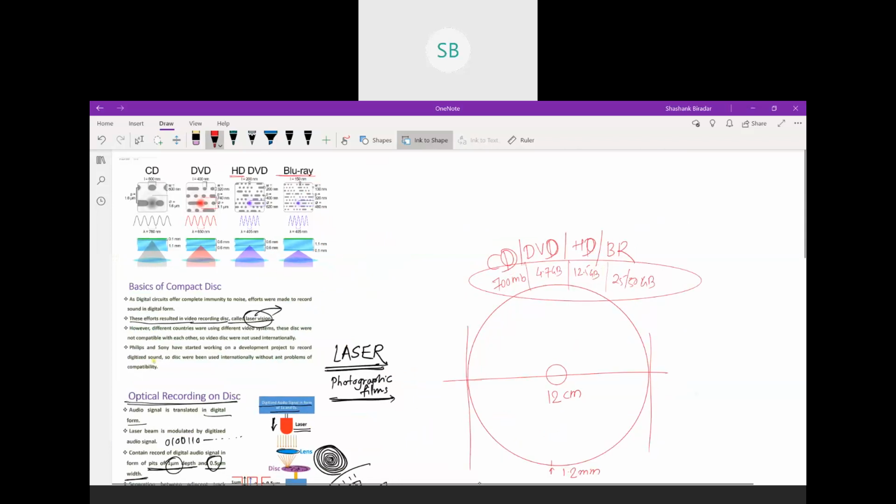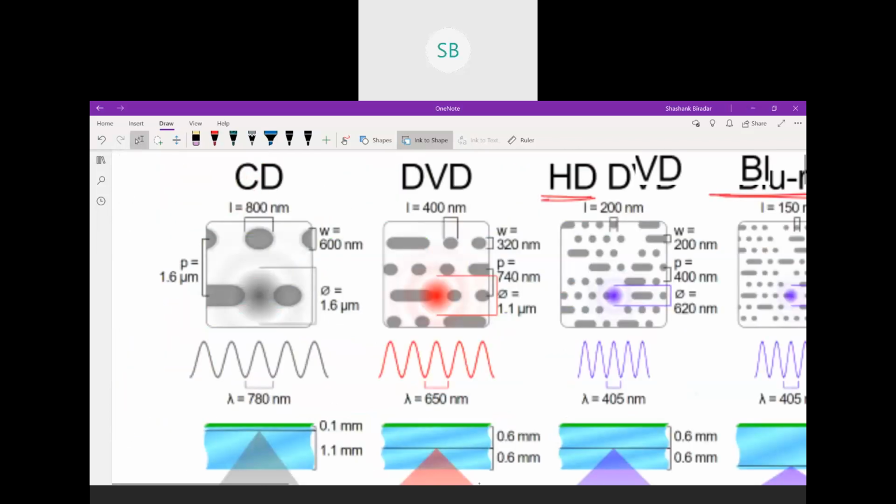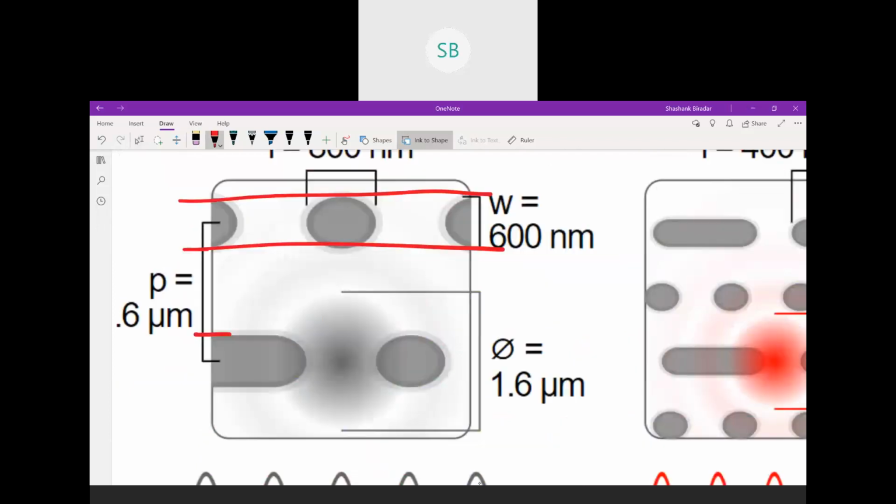As far as compact disks are concerned, these are the two tracks, one track and another track. The bit length can be varied, but the depth inside and this width are constant.